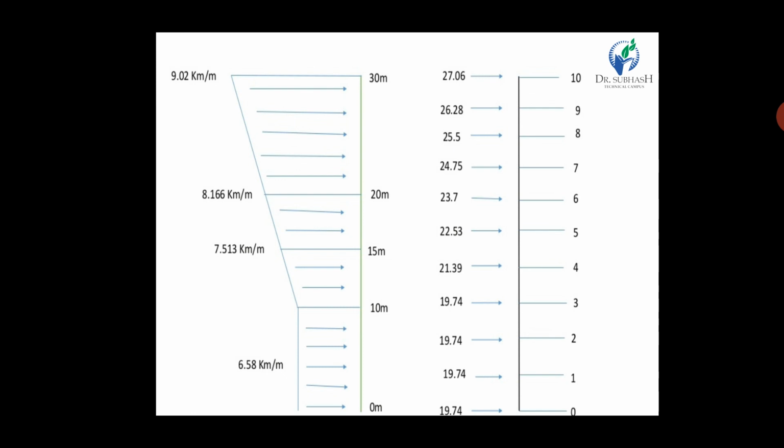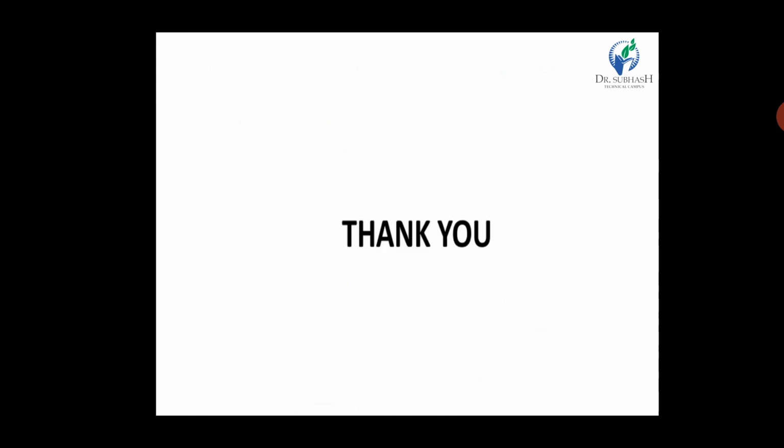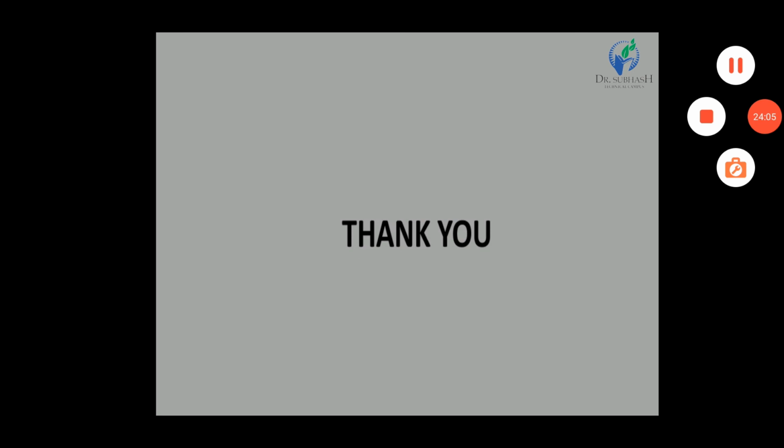After that it varies gradually, 15 to 20 it varies again, and the highest is 20 to 30. So finally we draw this graph. This is one numerical, or you can say one part of our design of an industrial building, and it may be asked for 7 marks to calculate the wind force for given data. Thank you for watching this video.